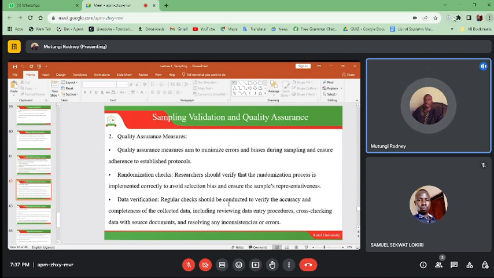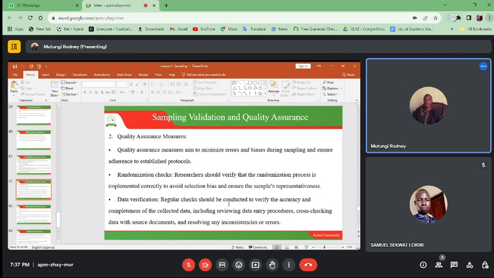And those regular checks should be conducted to verify accuracy and completeness of data. After you've collected the data, you should recheck, go through it and see, are there missing values? Are there some questions that I didn't ask?